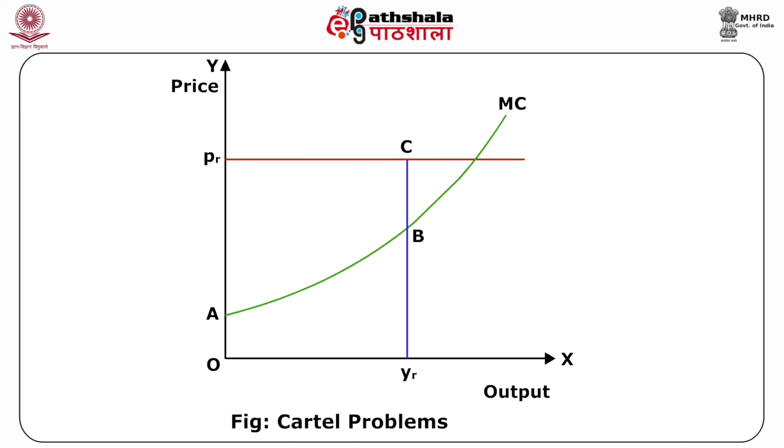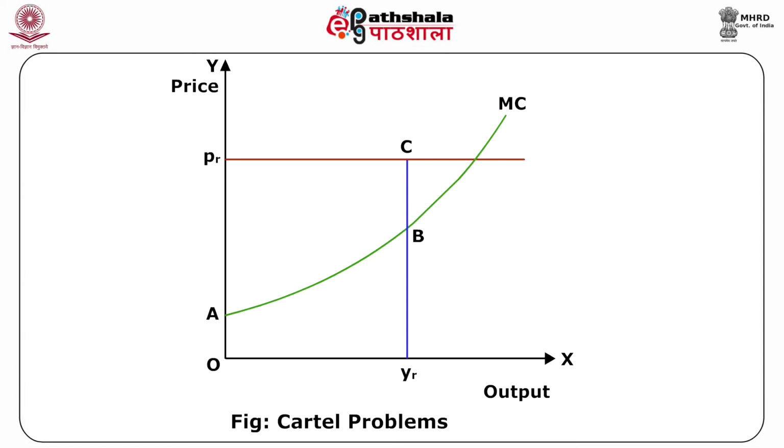That is, now the total profit of this member firm is equal to area OYRCPR minus area OYRBA. Thus, the original situation in this cartel is that the member firms are charging the price PR and YR is a limited quantity of output that each member firm is producing.